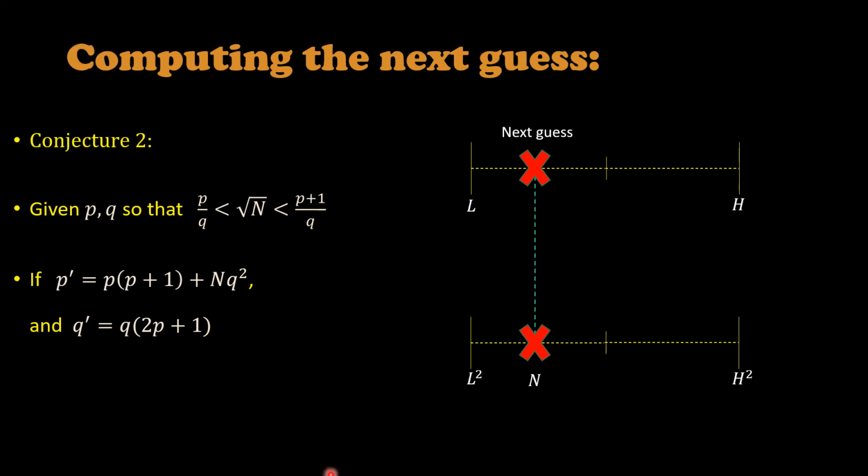And then the conjecture itself is that if you do all of this, then the square root of n is smaller than p prime plus 1 over q prime. We already know that p prime over q prime is less than root n. And we know if we just add 1 to the new numerator, then that's going to be an overestimate.